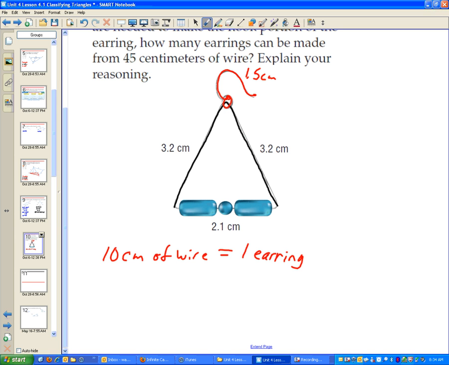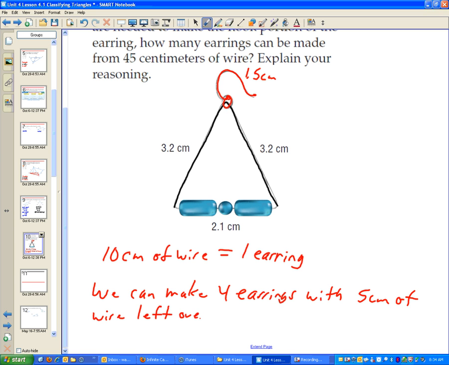And we're not going to bother making a half an earring, right? Okay. So we can make 4 earrings with 5 centimeters of wire left over. And I think that ought to do it.